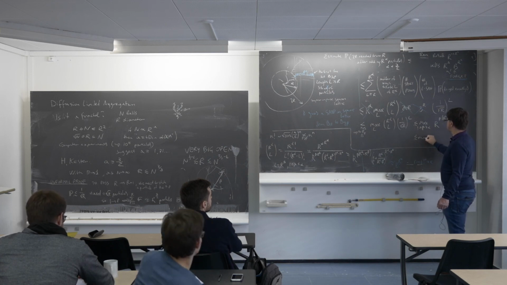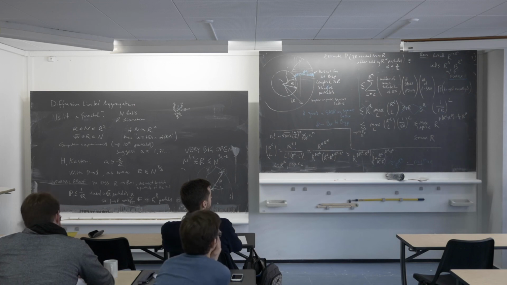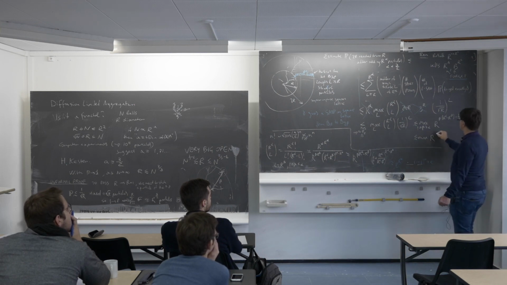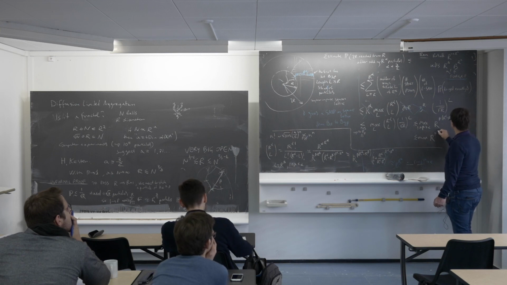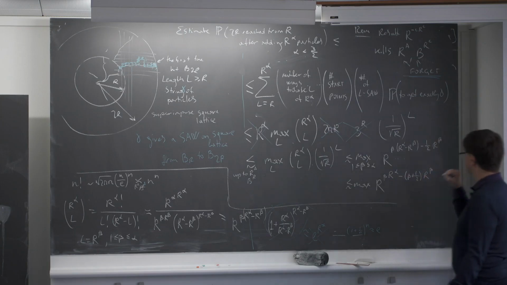So it's the maximum r to the power beta r alpha minus beta plus 1/2 r to the power beta.